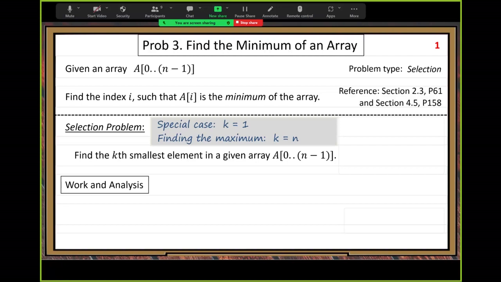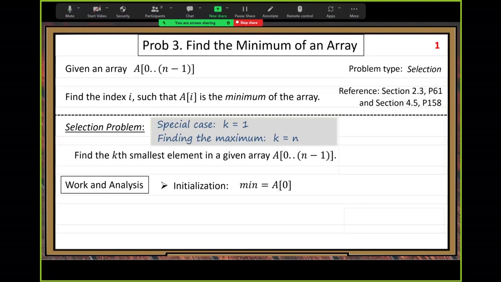Let me quickly describe the solution, because the solution is very simple. At the beginning, we do initialization. We use a main variable to store the minimum of the whole array.